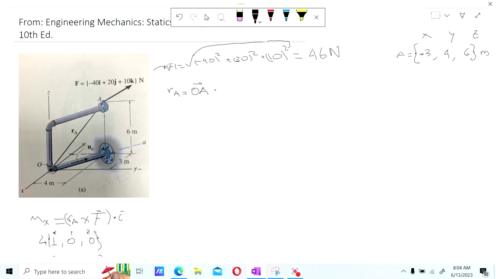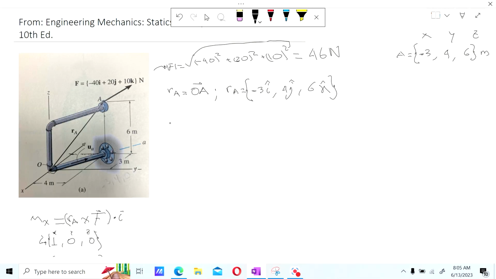Therefore, the vector for A is equal to A minus O. What is A? It's negative 3 minus 0, which is negative 3, 4 minus 0, and 6 minus 0. Okay, that is our vector A.